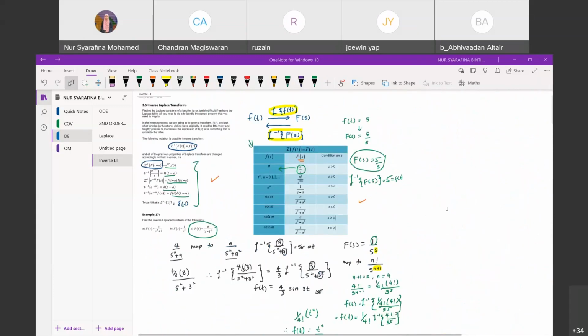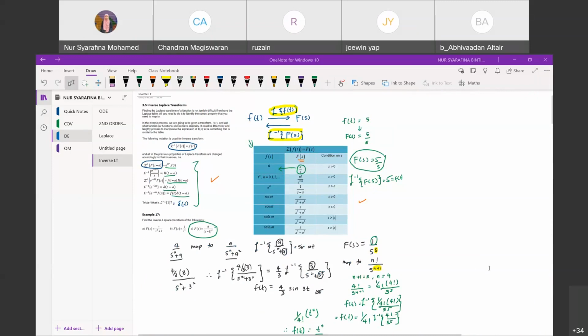So basically, this inverse transform needs you to understand the function. And of course, you have to master how to transform first: how to transform by definition, by properties, by special types of function. Once you understand, you can understand the table of transformation and properties, and it is easy for you to inverse transform.